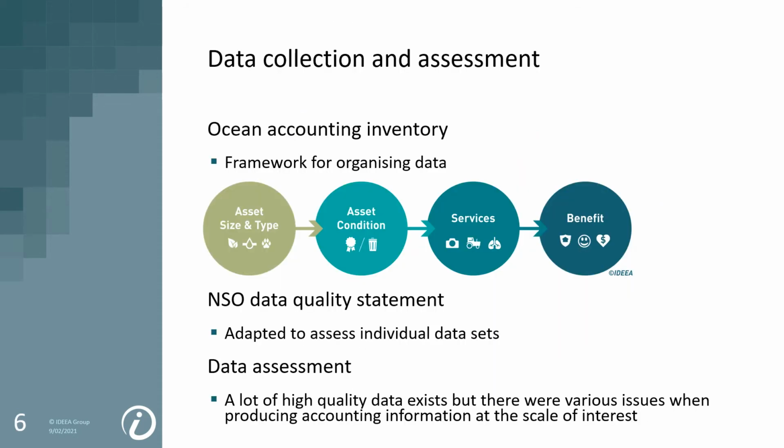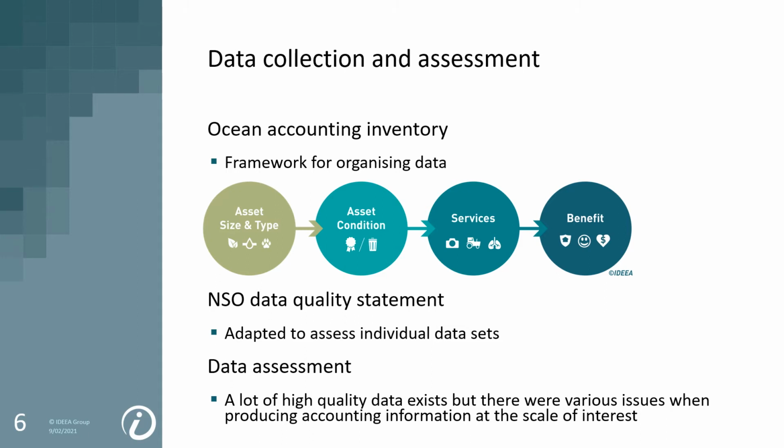The key foundation for conducting the work is we start with the core accounting model, which includes these four circles: ecosystem assets by size and type, their condition, the potential services, and then the monetary and non-monetary benefits. We undertook an accounting or data inventory, which would then align all the data that's possible with either asset type, condition, and services.